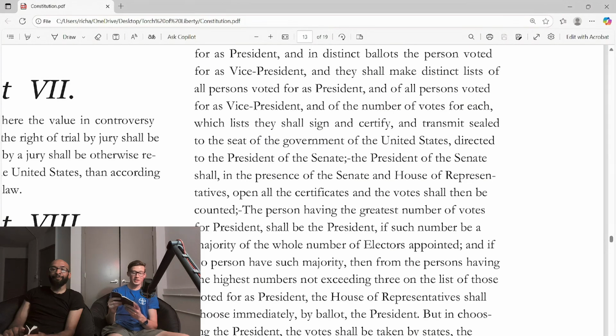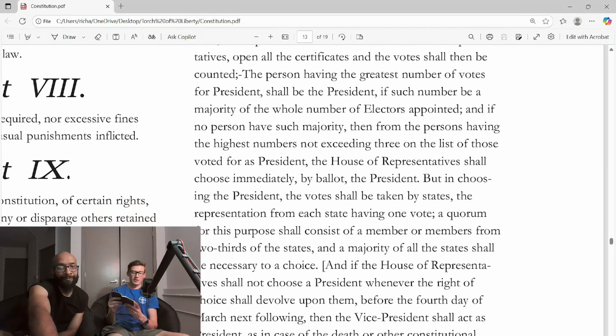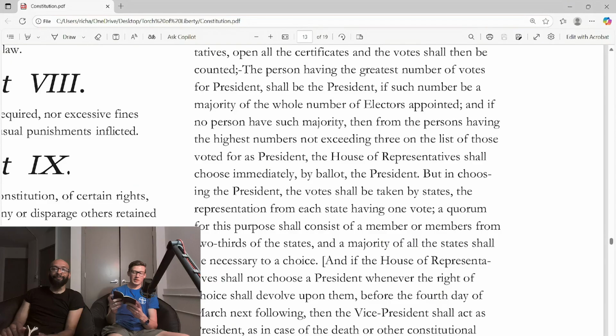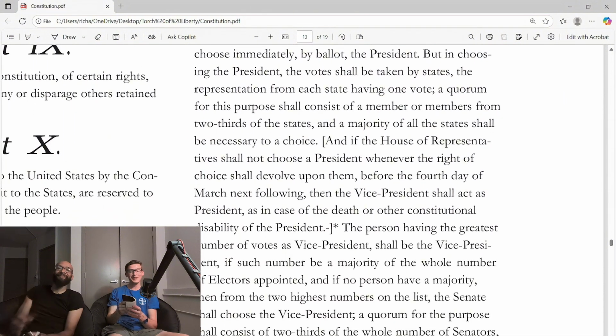The President of the Senate shall, in the presence of the Senate and House of Representatives, open all the certificates, and the votes shall be then counted. The person having the greatest number of votes for president shall be the president, if such number be a majority of the whole number of electors appointed. And if no person has such majority, then from the persons having the highest numbers not exceeding three on the list of those voted for as president, the House of Representatives shall choose immediately by ballot the president.